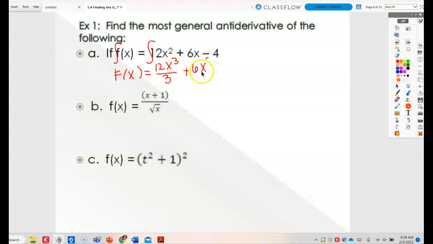If it's linear, and then now the new part, a plus c, the derivative of any constant goes away. Clean it up. 12 divided by 3 is 4. 6 divided by 2 is 3.